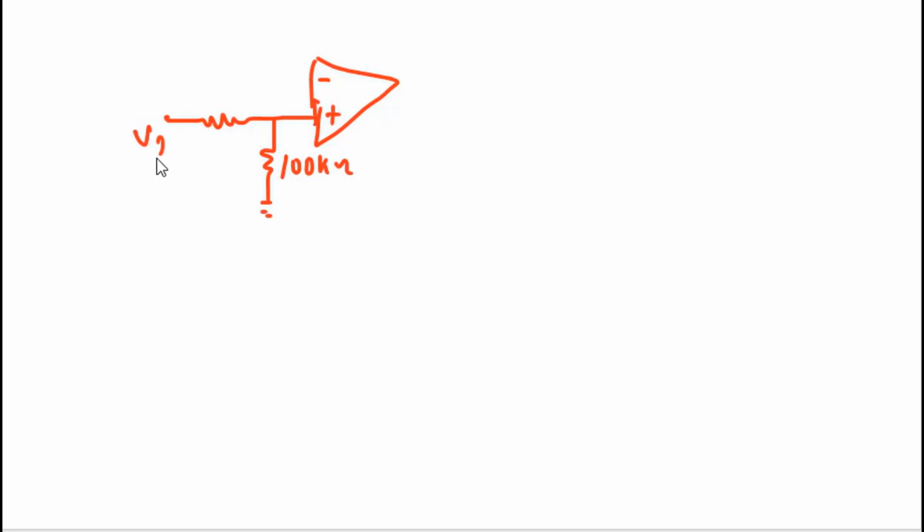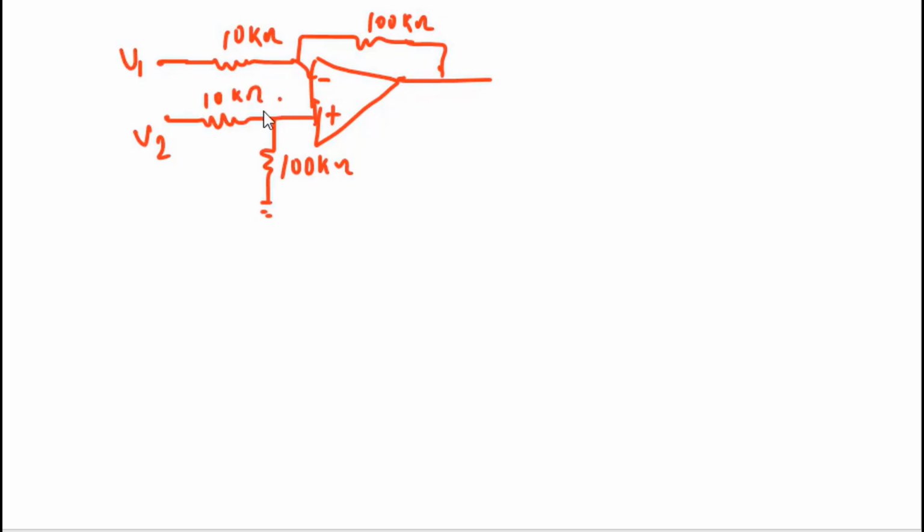So in the question you are given this 100 k ohm resistor and this is your V2, this is your 10 k ohm, this is your 100 k ohm, and this is V1, and this is also a 10 k ohm resistor.